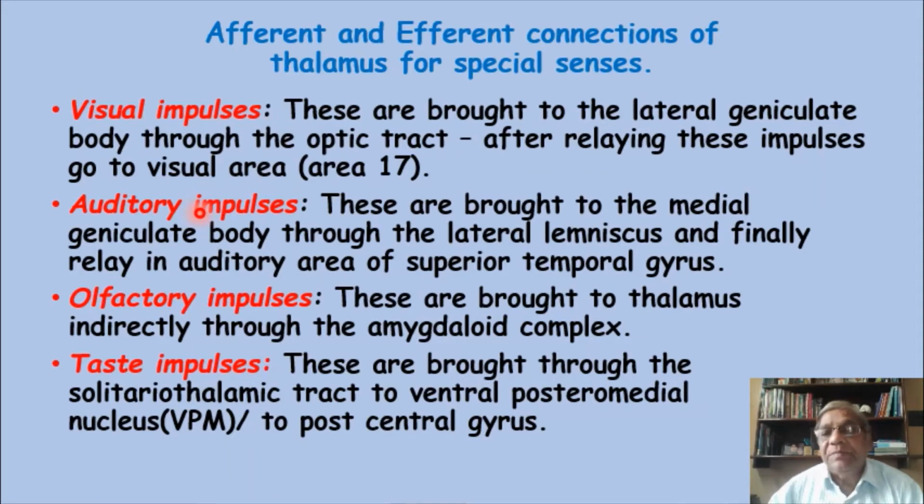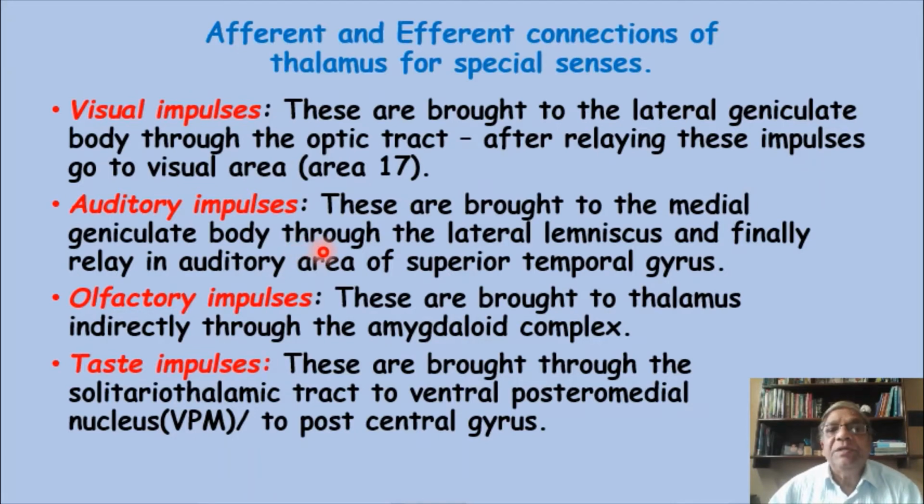Then auditory impulses, that is the sensation of hearing, are brought to the medial geniculate body through the lateral lemniscus. I will show you in the next diagram the lateral lemniscus and how it relays into the medial geniculate body, and after relaying in the medial geniculate body, it will finally relay in the auditory area of the cerebral cortex, which is located on the superior temporal gyrus in the temporal lobe.